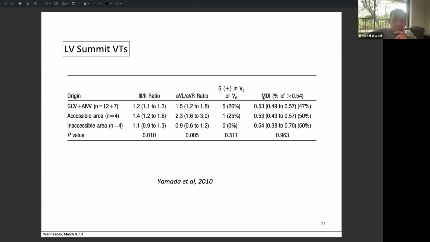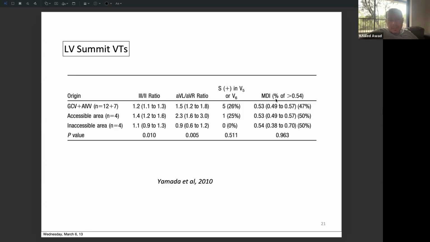Look at the mean deflection index. The mean deflection index is something that we look at to tell if an arrhythmia is arising from the pericardial surface. If it is, you have a higher mean deflection index. It is how much of the QRS is included in the first half of the QRS, from the beginning of the QRS to the highest deflection in the precordial leads.